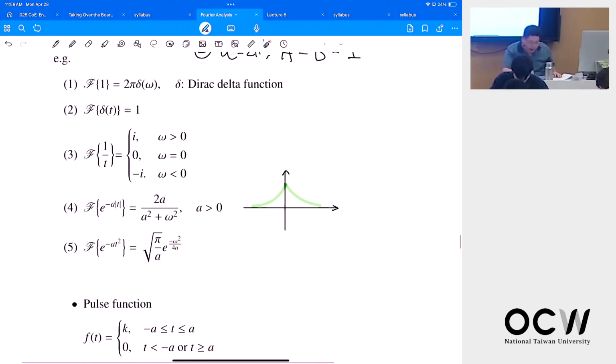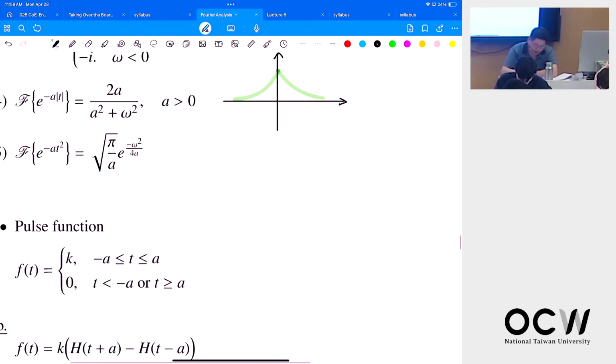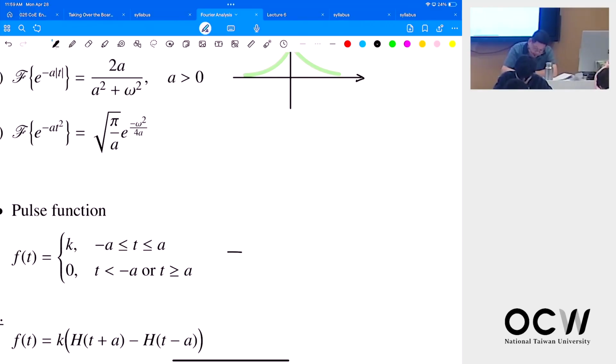Okay, so next, we need to know what a pulse function is. This is a very important function. If you take signals and systems, we will use this a lot for analyzing sampling theory. So the pulse function is that during a time period I have a value, otherwise it is 0. So this function looks like this.